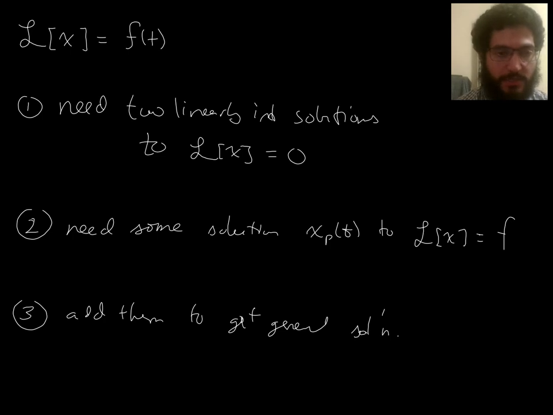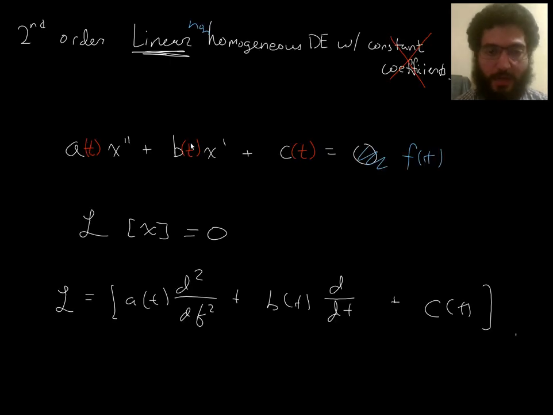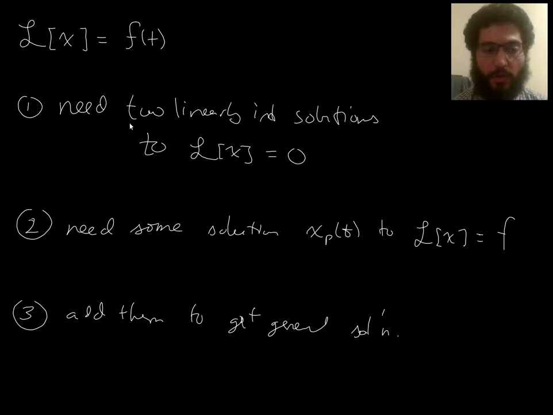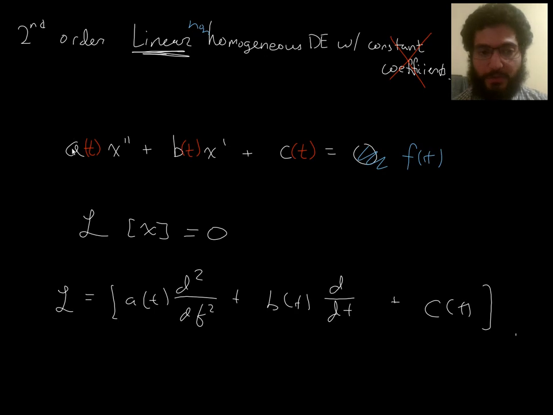What has changed in this setting where A, B, and C can be time dependent is that these steps are now different. The steps are the same, but the details of carrying out each step are different. To get two linearly independent solutions, what we used to do, guess e to the lambda t, probably is not going to work. That worked because the coefficients were constant.